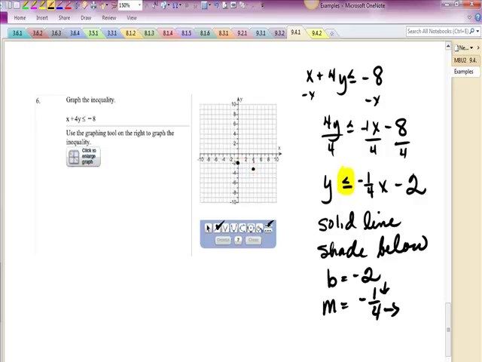I'll get another point. The line will show up in Math Lab. Sorry, not a perfect line. And I will shade below it, which means that I click on the bucket. I click below the line, this side will get shaded, and it will look a little bit like this.